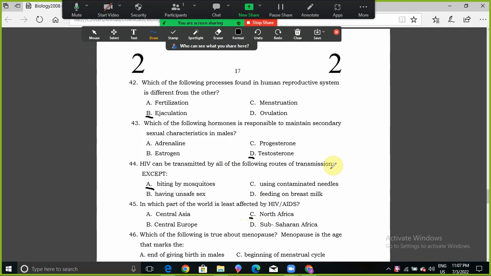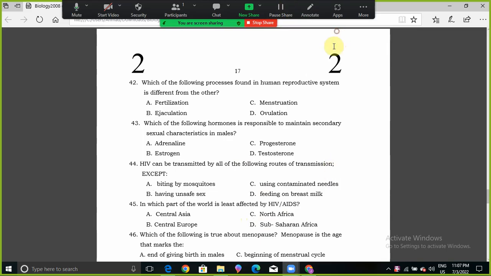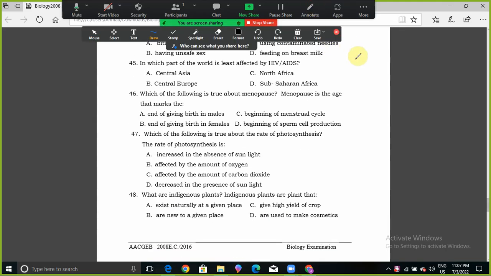Now question number 46 says: which of the following is true about menopause?